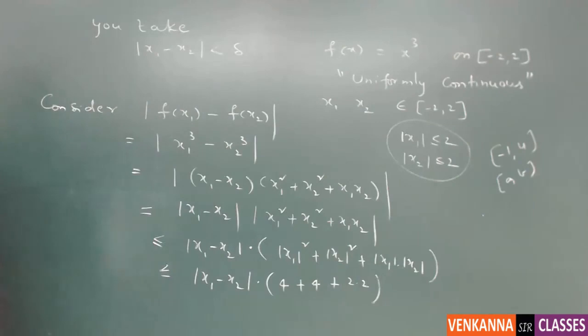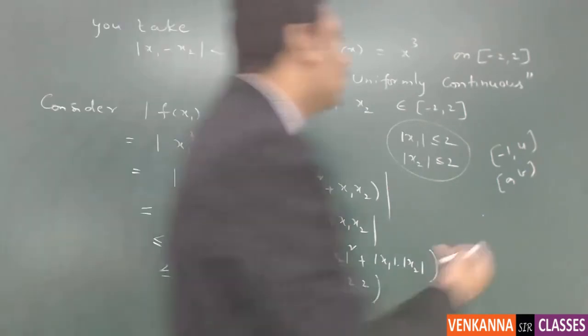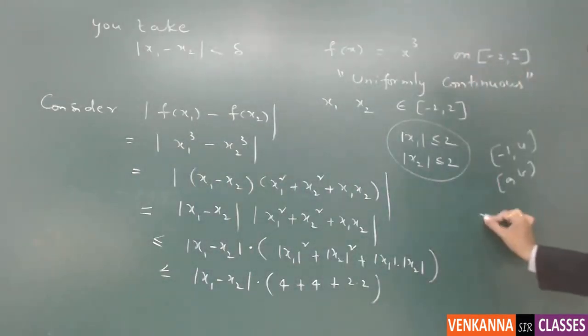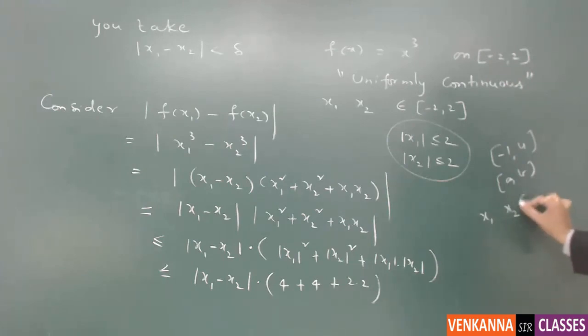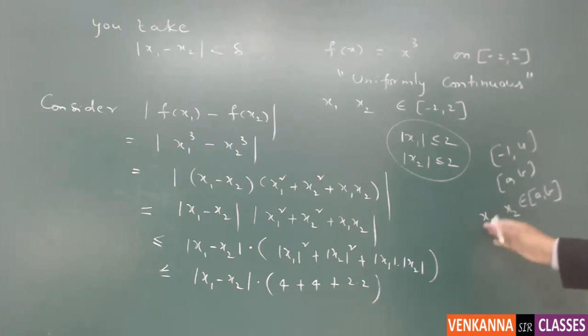Right? So in that case, we can say that whenever you take 2 points x1 and x2 in this closed interval, since you are taking the two values, the values may be either positive or negative. If you consider modulus of x1 and modulus of x2, both values will be positive.